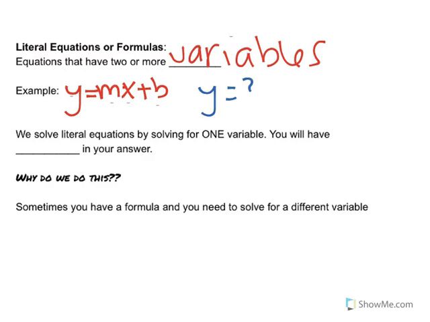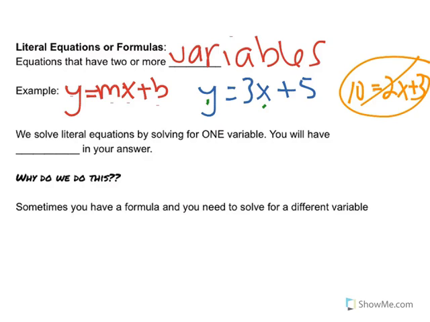y equals 3x plus 5 is still a literal equation because it has two variables. But something like 10 is equal to 2x plus 3 is not a literal equation because it only has one variable.